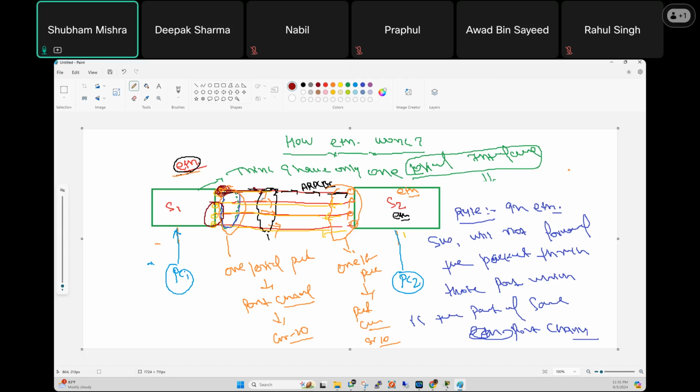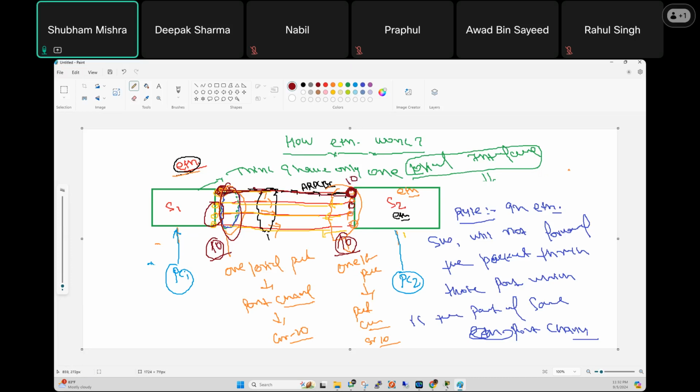Getting the point, everyone? So what I did here is configure, let's suppose, group number 10, and here I configure group number 10. It means this one and this one are part of the same port channel. What is the rule? The rule is if switch number 2 receives any packet on this interface, it means this interface is part of which group number? 10.